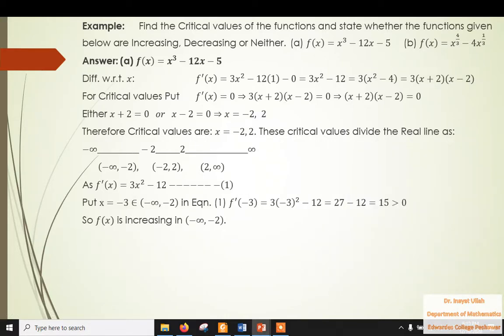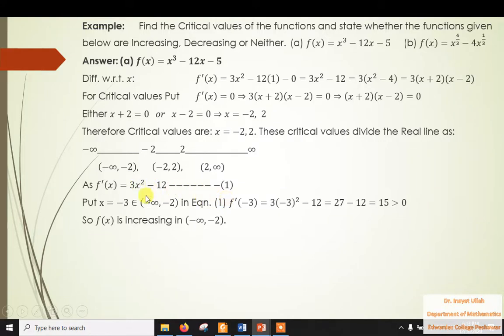Now here we have taken the derivative of the function, 3x square minus 12, taking this first interval, any value between minus infinity and minus 2, which has just been discussed. I have taken x equal to minus 3, which belongs to this interval, and put this x in equation number 1 here.